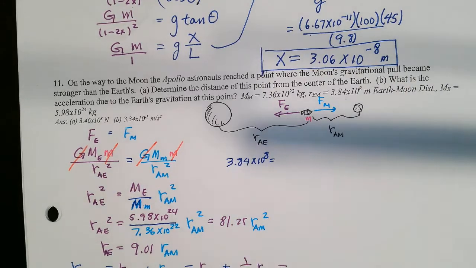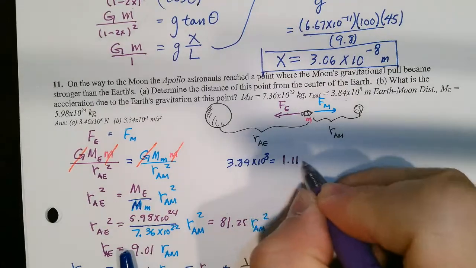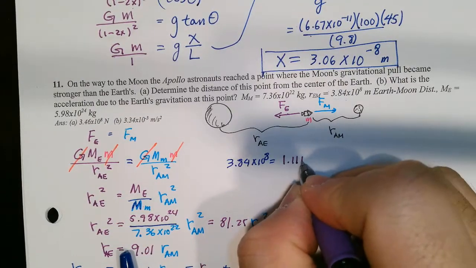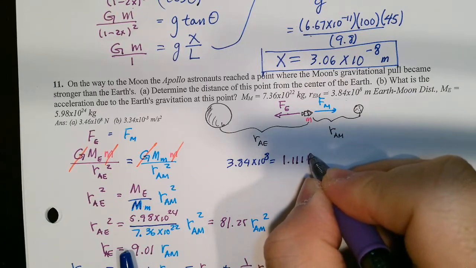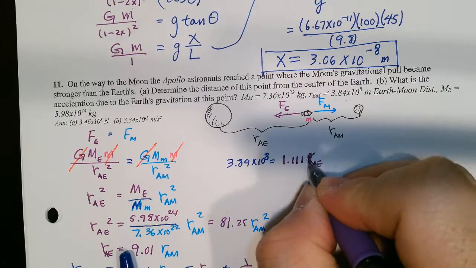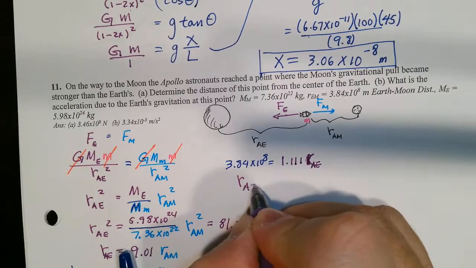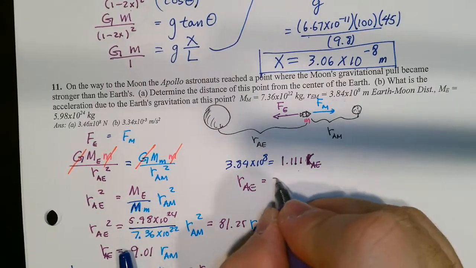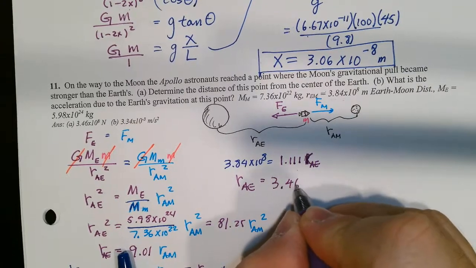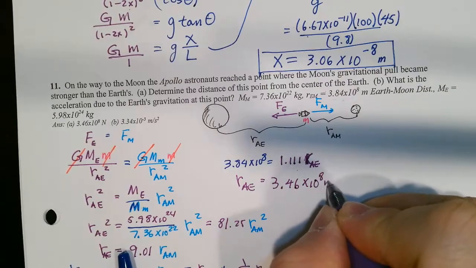This added together becomes 1.111 radius from Earth to Apollo. Therefore, RAE is equal to this divided by 1.111, and that comes out to 3.46 times 10 to the 8th meters.